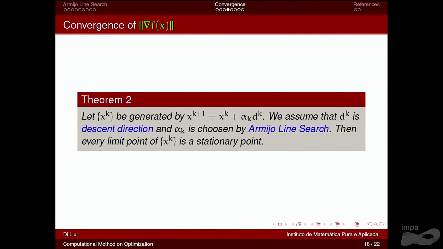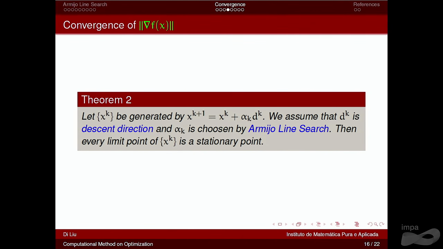Okay, next we will go to the convergence. Be careful, the convergence here is about the norm of the gradient, not x_k. So we assume that x_k is generated by this scheme, okay? And we assume that d_k is a descent direction, and alpha_k is chosen by Armijo line search. Be careful. Armijo line search means you need backtracking with an initial step size. Okay, you backtrack.